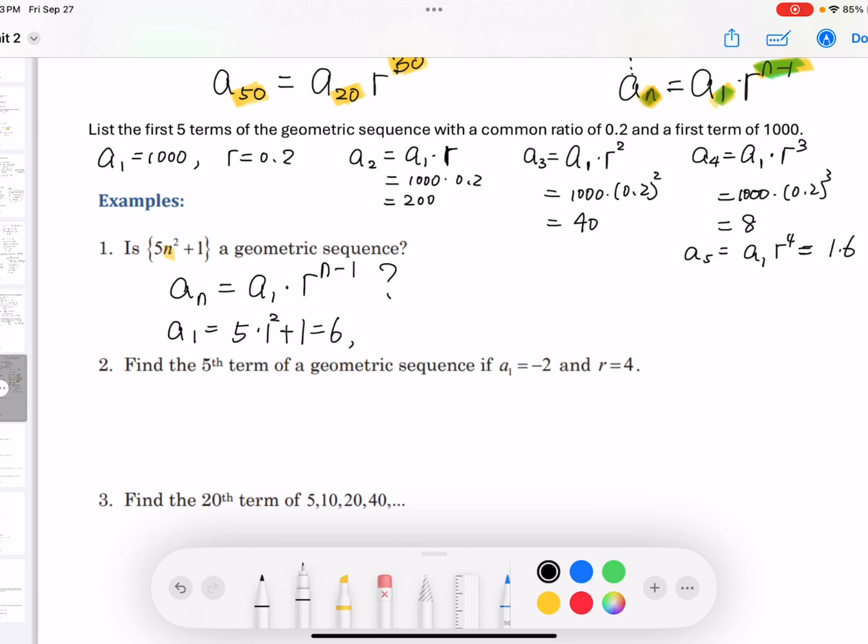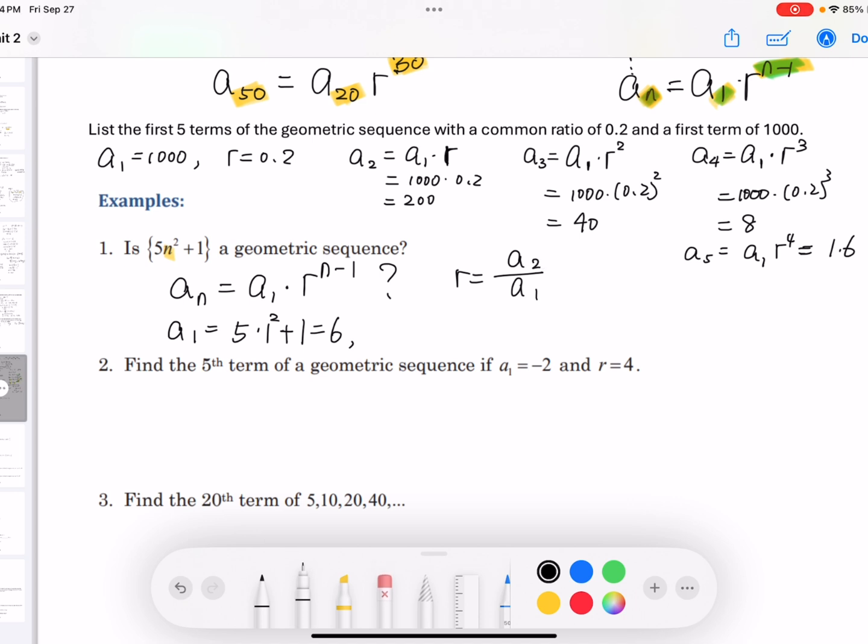And how about the r here? I don't have an r. So the r is equal to a sub n plus 1 over a sub n, the term divided by its previous term. We can just find it from a sub 2 over a sub 1.